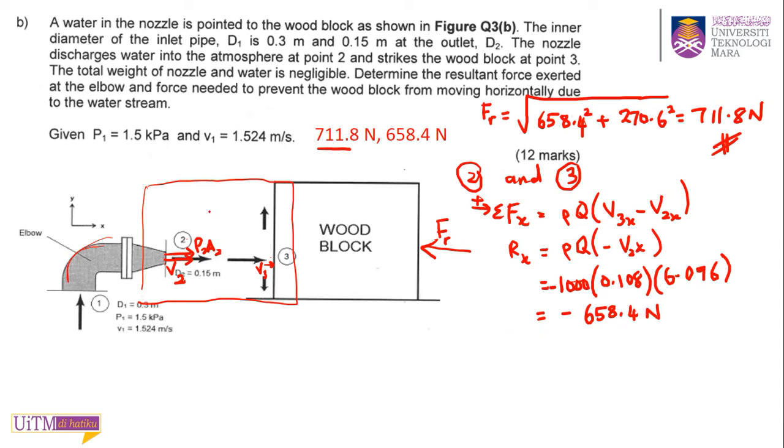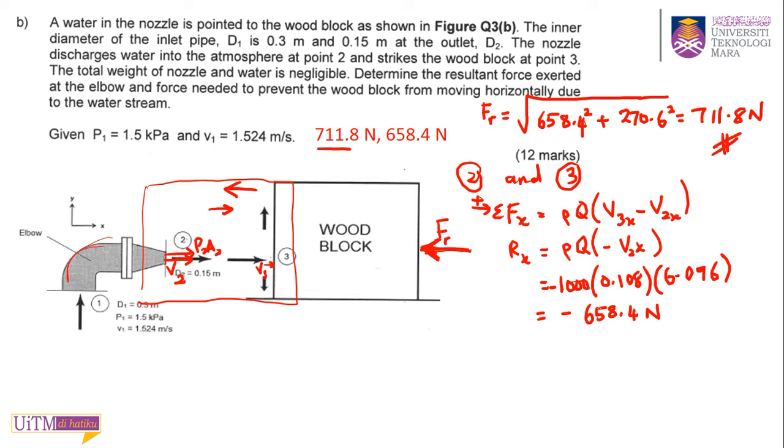Okay, that means that when I take positive to the right, this is wrong. So your Rx should be in the opposite direction, like this. This is the resultant force in x direction that will hold this block from moving. So it's logical, it will act like this. If it acts to there, the block will move.